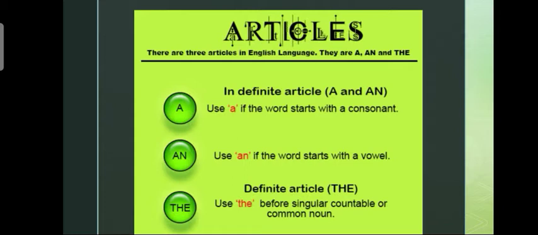The is said to be definite article and it is used before singular, countable or common nouns. The is also used when we are talking about something again and again after having mentioned it once before.